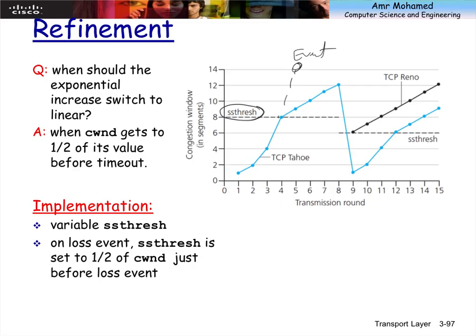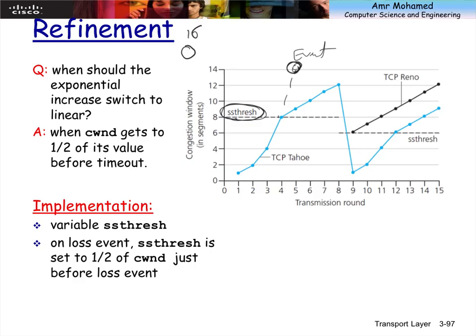We set this slow start threshold to half the congestion window at this point. This figure tells me that there was some transmission happening, and the last congestion window here was what? Bravo, Ali. Yes, it was 16, so the slow start threshold got set to 8.